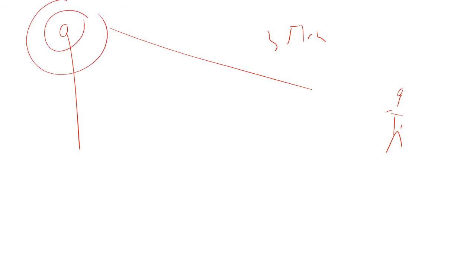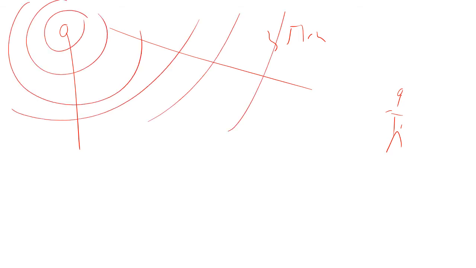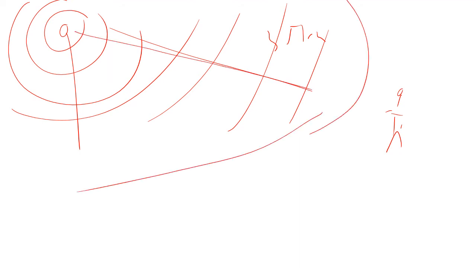So here we have the antenna right here, and here we are a distance over here of 35 kilometers away. So if we assume that the antenna broadcasts omnidirectionally, that means that the signal is spread out on the surface of a sphere of radius 35 kilometers.